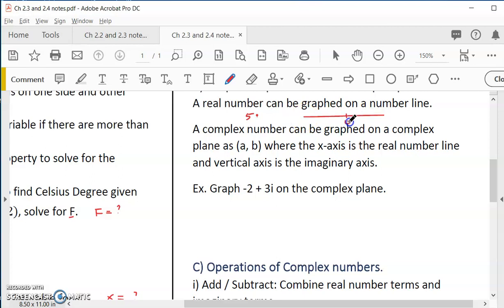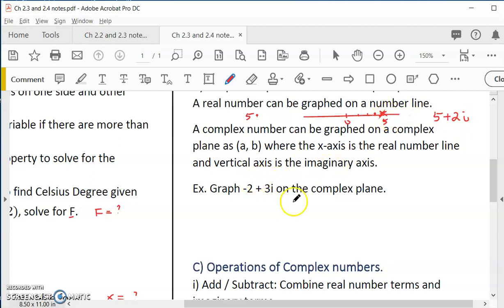You will have 0 and then 1, 2, 3, 4, 5. So this is its position on the number line. But if I have a complex number like 2 plus 5i or 5 plus 2i, where do I graph it?